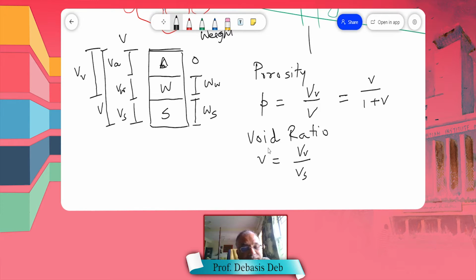Everybody? You just have to replace the V here. You replace it by Vv plus Vs and then divide by Vs. Then you will get e by 1 plus Vv divided by Vs. Then you will get 1 plus e. Okay.